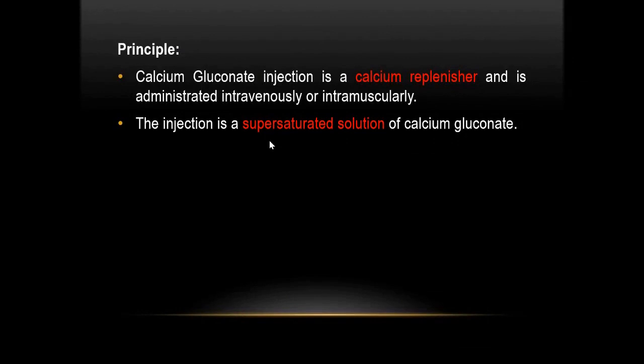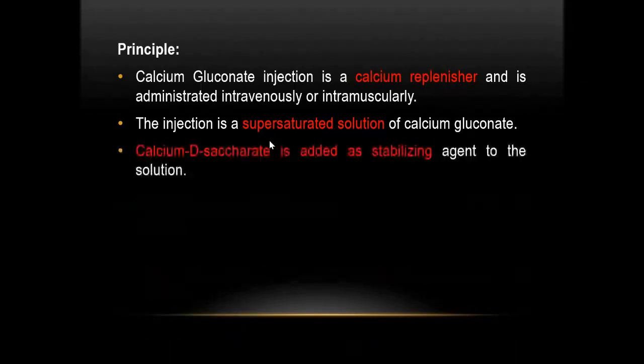So in order to overcome this problem, there is a solution. Calcium disaccharide is added as a stabilizing agent to the solution, so that 5% of the calcium gluconate is replaced with the calcium disaccharide. So as we have seen earlier, the 10 gram of calcium gluconate forms a supersaturated solution.